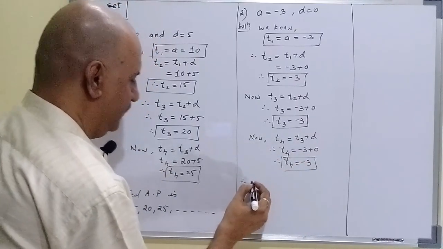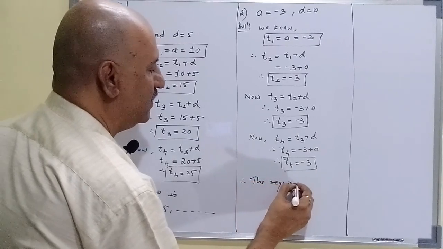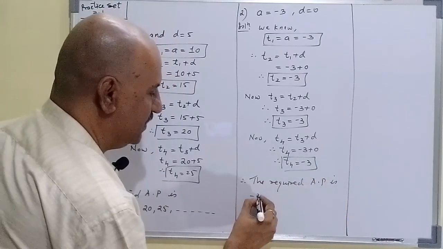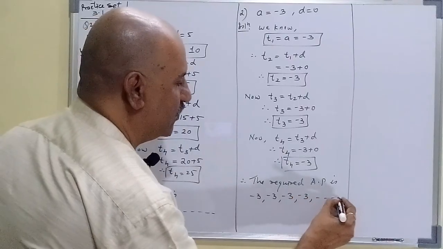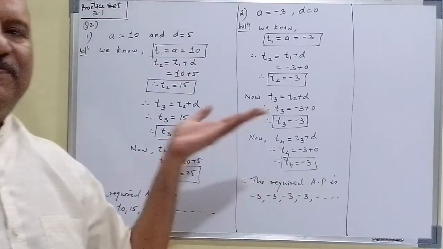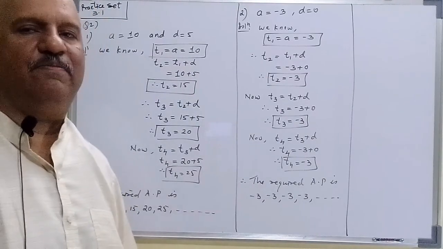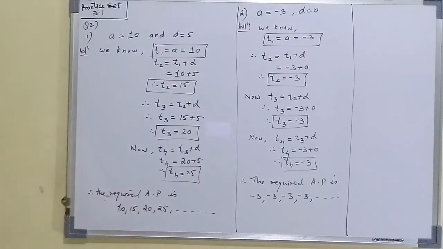Therefore the required arithmetic progression is -3, -3, -3, -3, ... देखो कॉमन डिफरेंस तो दिया है तो यह एपी होना ही है, सिर्फ लिखना है कौन सा एपी है, किस तरह से वो दिखता है, what is the sequence. चलो नेक्स्ट क्वेश्चन लेते हैं. नेक्स्ट क्वेश्चन में उन्होंने क्या दिया है हमें देखना है.